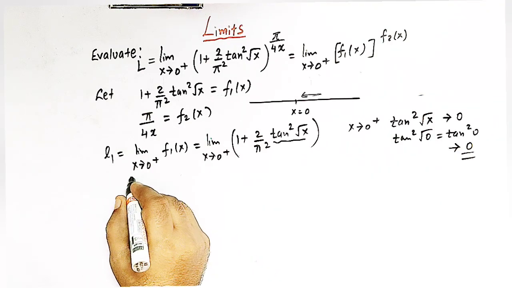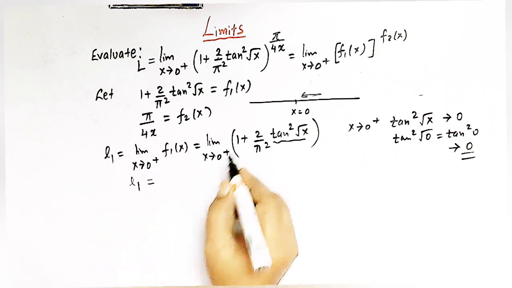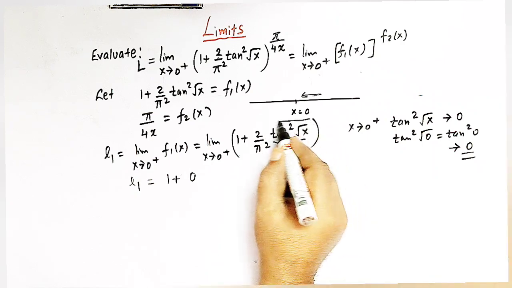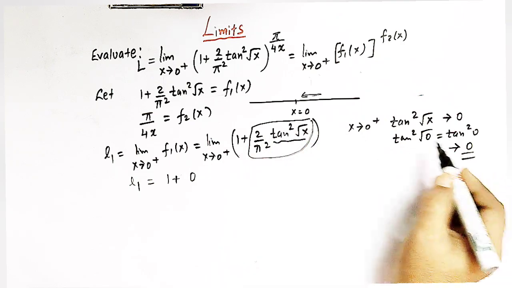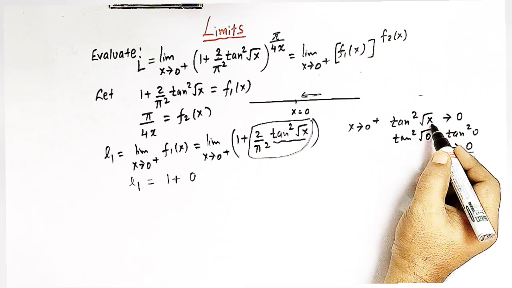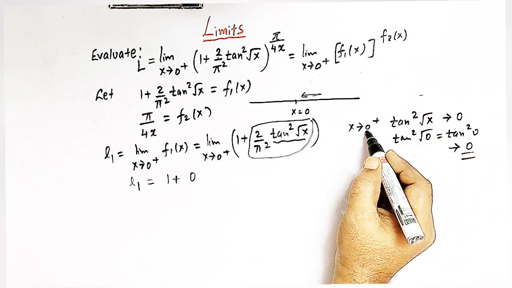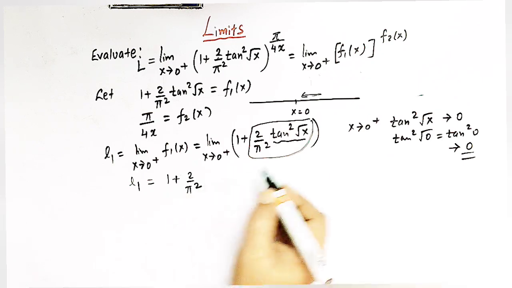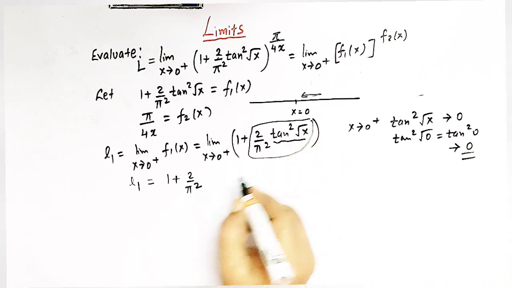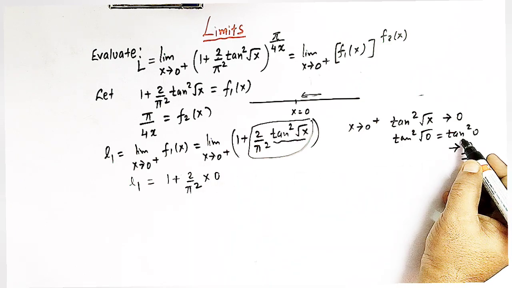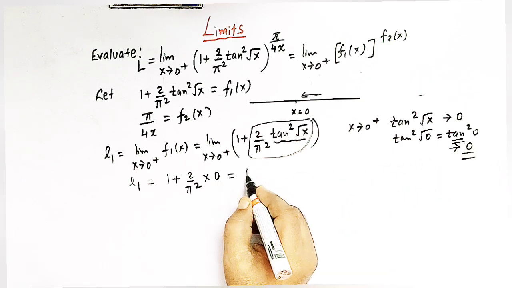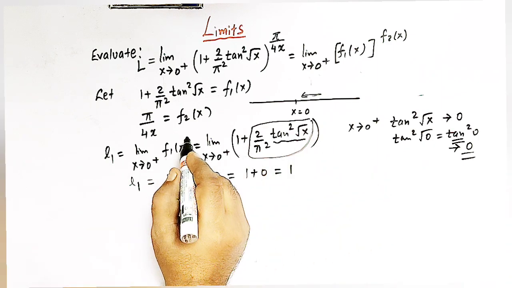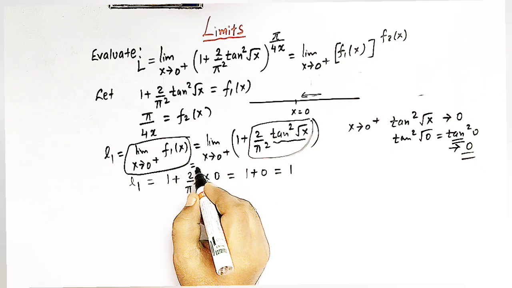So now the value of this limit L1 is given by 1 + 0, because this entire term tends to 0 when x tends to 0, right? So this is 1 + 0, that is equal to 1. So the value of this limit is equal to 1.